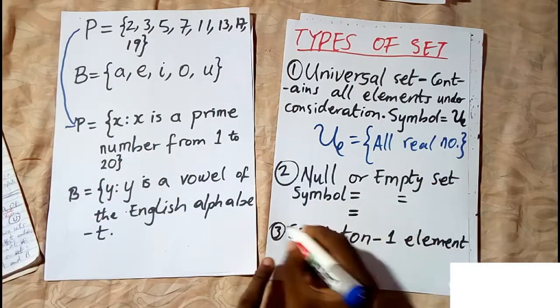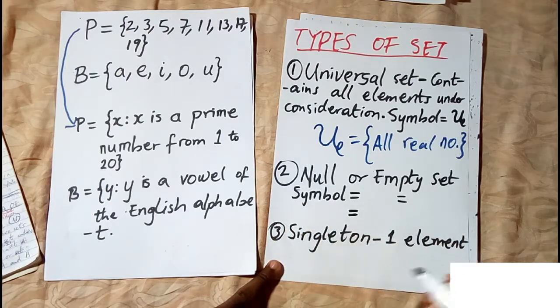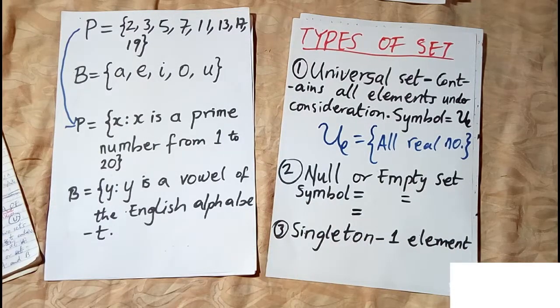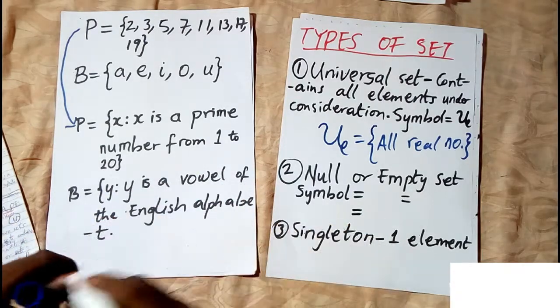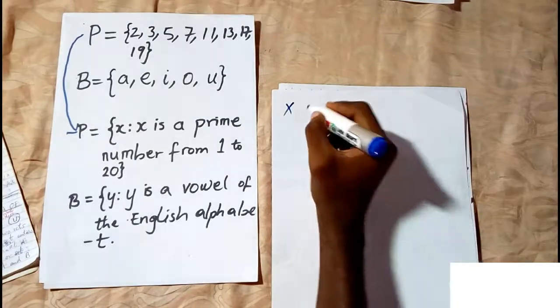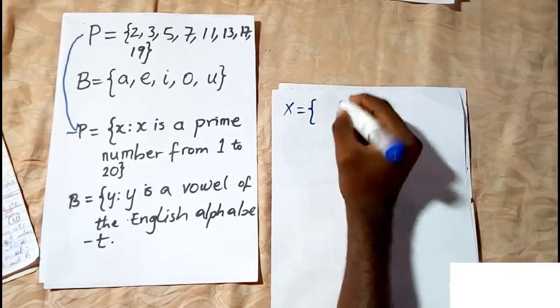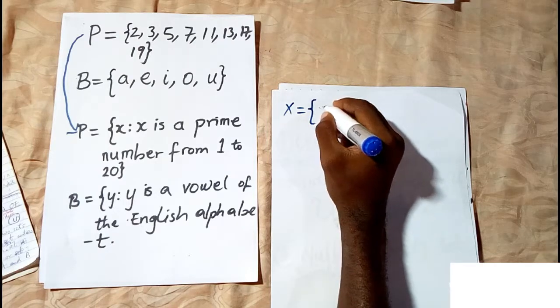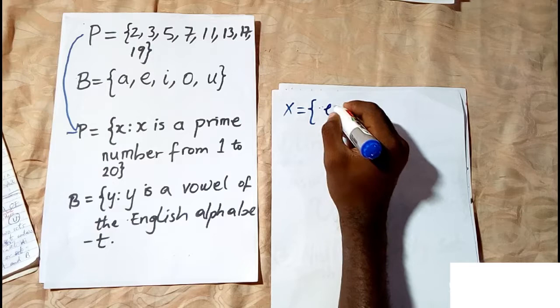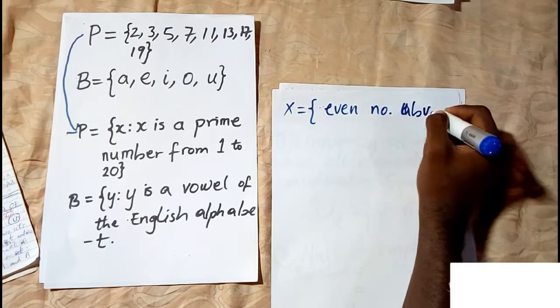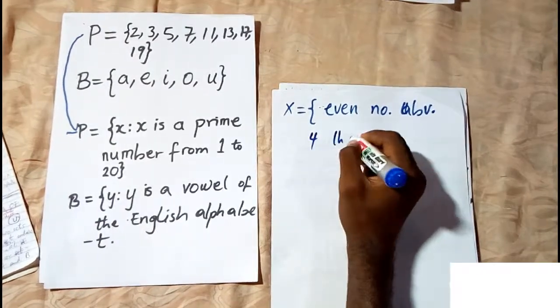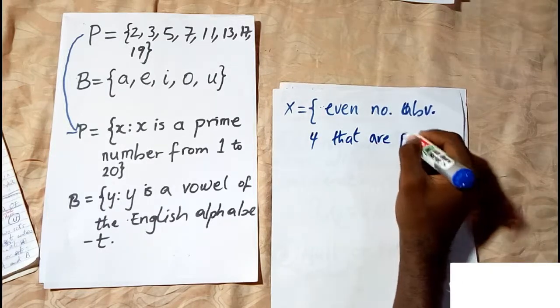Let's put it this way: X is a set of even numbers above 4 that are prime numbers.